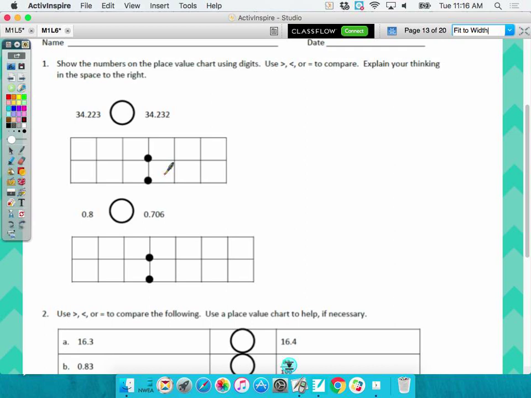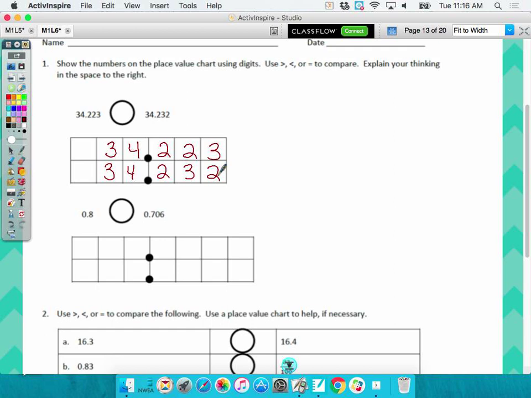All right. So 34, write it down, and 223 thousandths. And me, I think you'll catch on really quick. And then 34 and 232 thousandths.